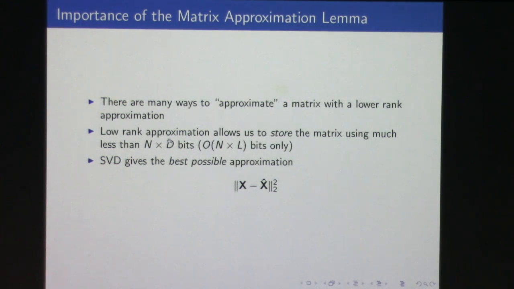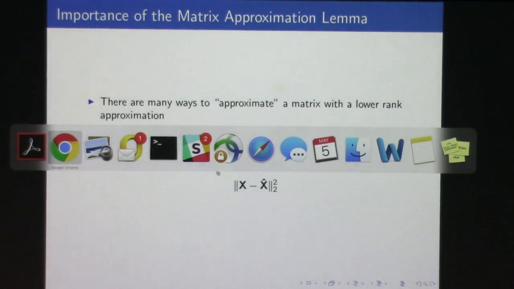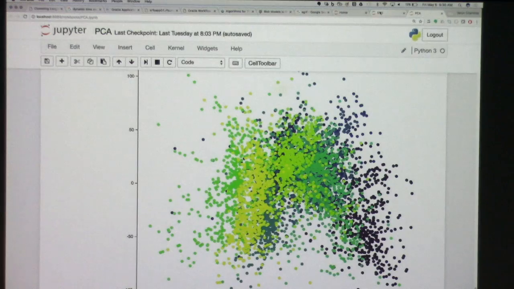So the point is that the low rank approximation that SVD gives you is a good compression. From n cross d, you go to n cross L, and it also gives you the best possible approximation. So that is the idea. Let me show you with a quick demonstration.